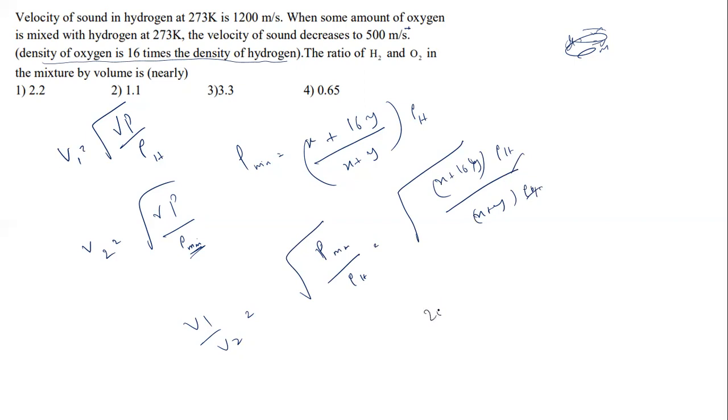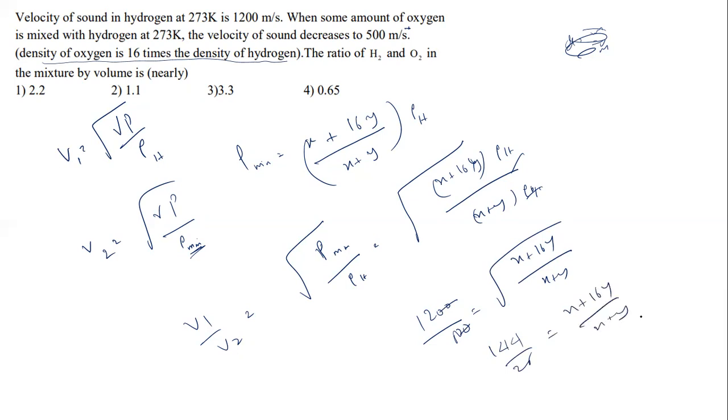What is V1? 1200 by 500 is equal to under root of x plus 16y by x plus y. Squaring on both sides, 144 by 25 is equal to x plus 16y by x plus y. Rearrange this equation, so you will get around 2.2.